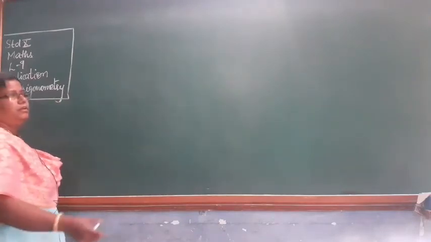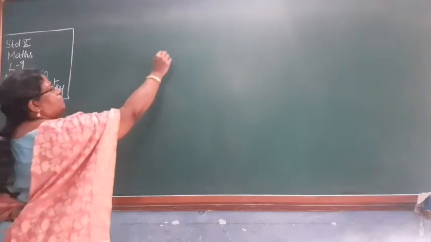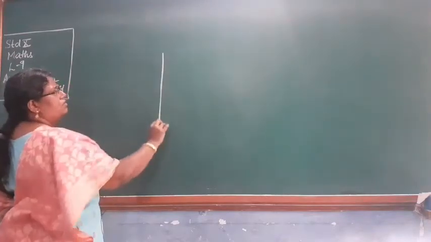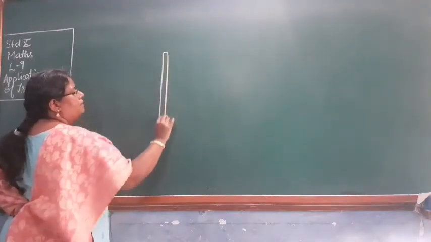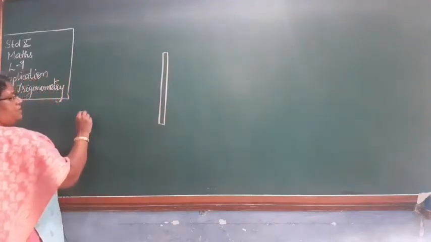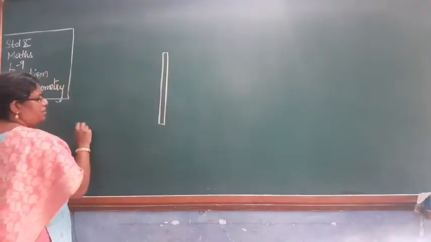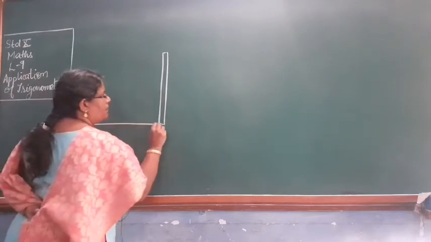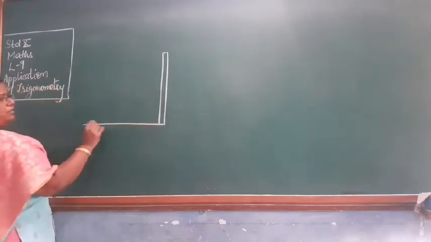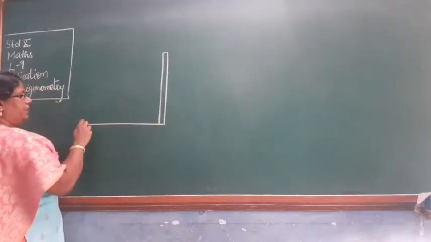So whenever suppose we say that there is a tall building, and there is an observer at a particular distance from the bottom, that is the base of the building.